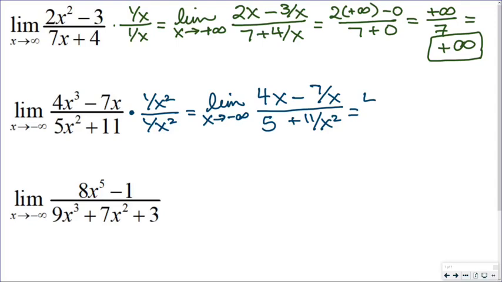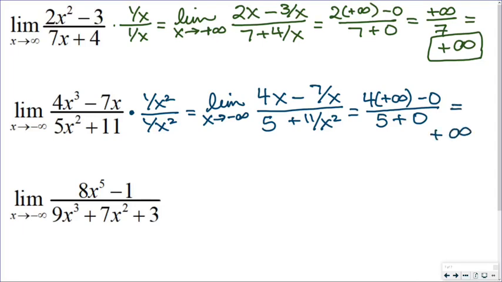So again, we have 4 times positive infinity minus 0 over 5 plus 0.